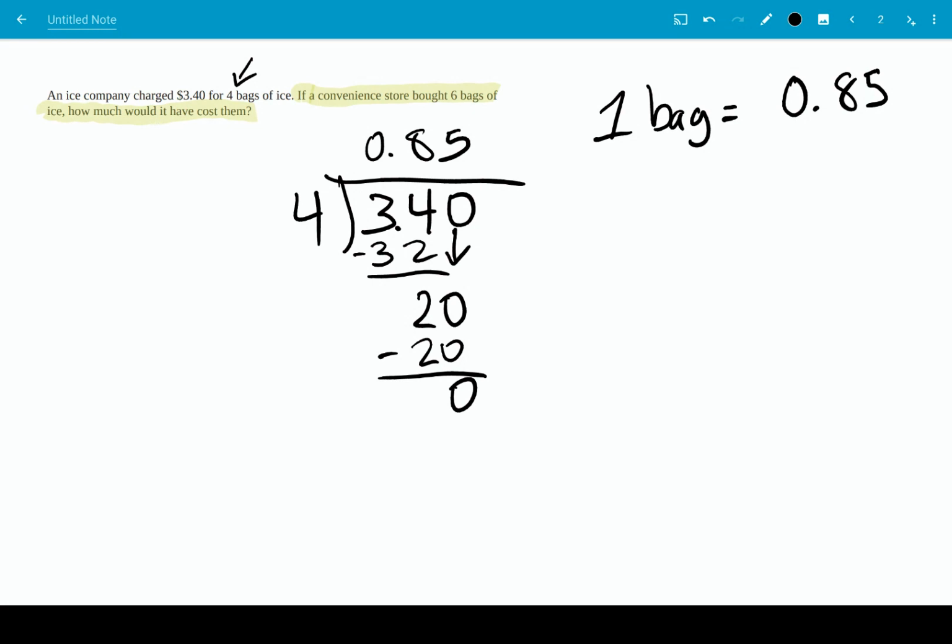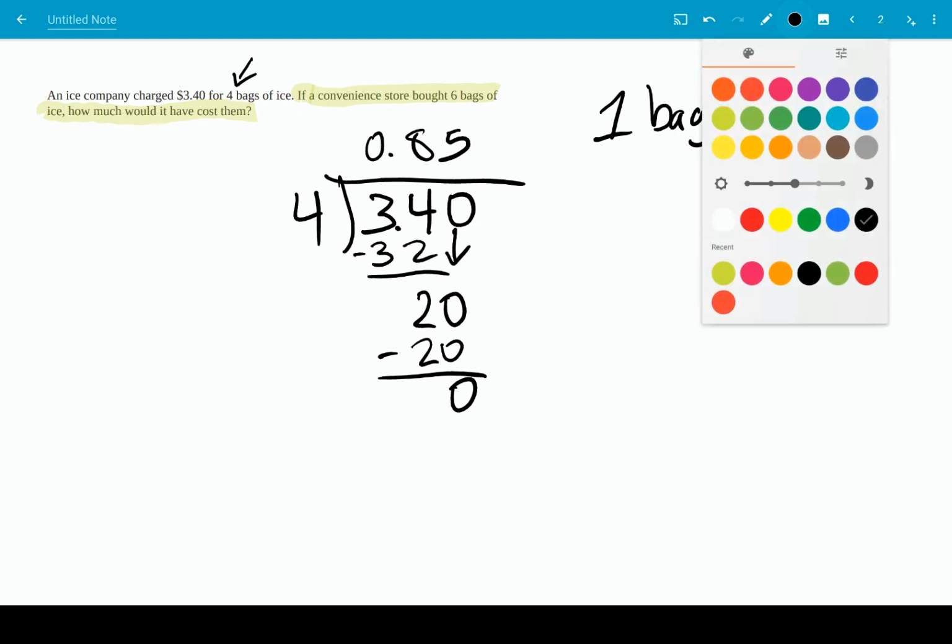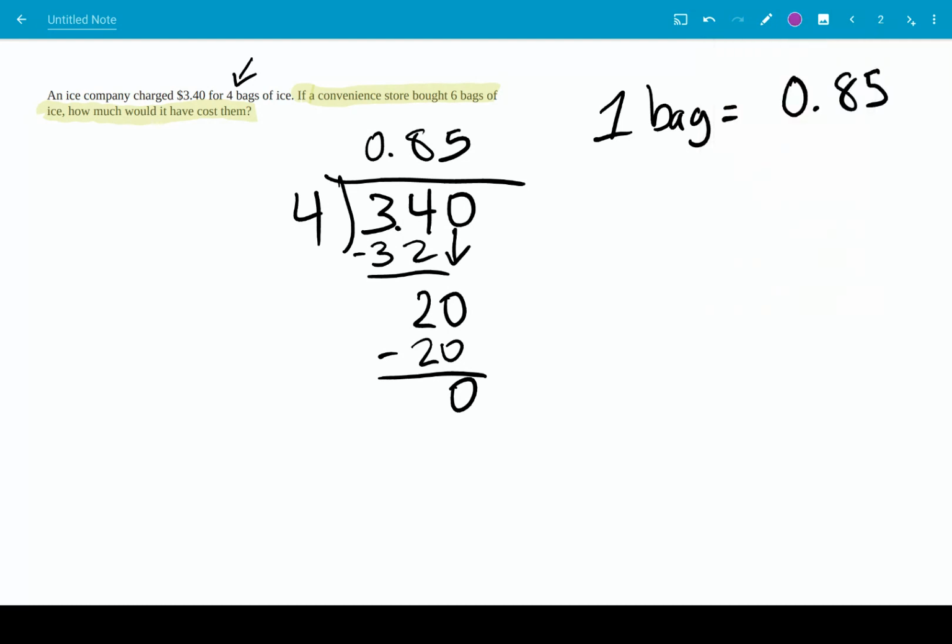So now that I know what it costs for 1 bag, I have to go to the next steps. I'm going to select a different color, and let's just do purple. So let's say it costs me 85 cents. Now I need to multiply by 6, because I need to find out how much 6 bags would cost me. So remember, I had to figure out what one bag cost me, and then multiply by 6, because that's what I'm trying to find out right here. 6 bags. 6 times 5 is 30.